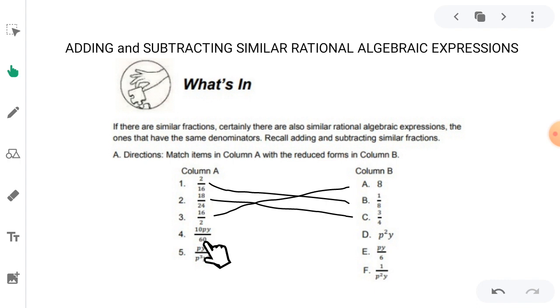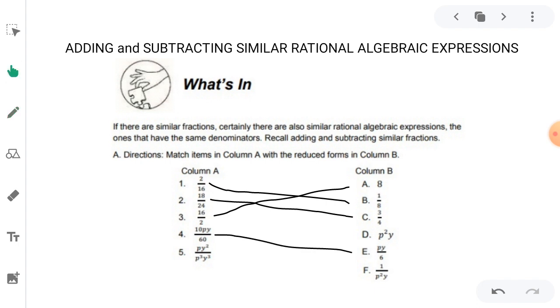So since 60 is divisible by 10, we divide by 10. So 10 divided by 10 is 1. 1py, and 60 divided by 10 is 6. So alisin na lang natin yung 1 doon. So the answer is py/6. Letter E.